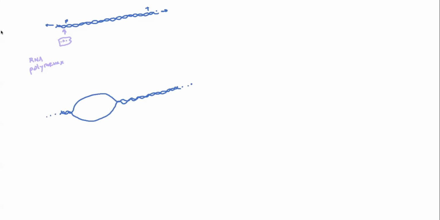So the blip is opened up, and we're basically exposing the bases here, right? So we'll have maybe a T over here, which basically means we'll have an A over here. We'll have a G on one side, we'll have a C on the other side. Remember the rules of complementary base pairing.